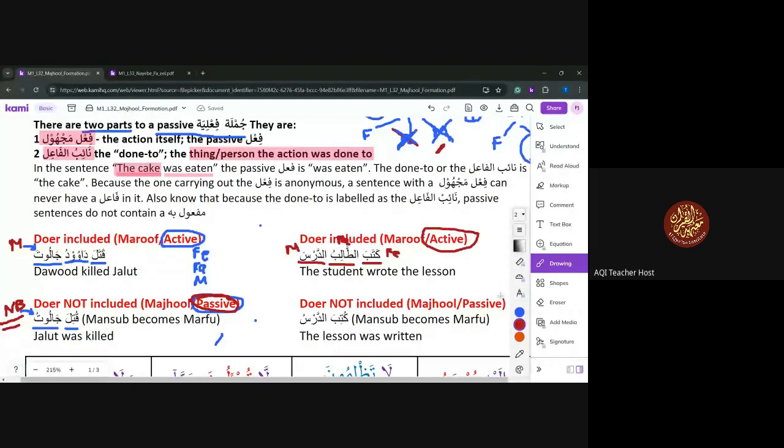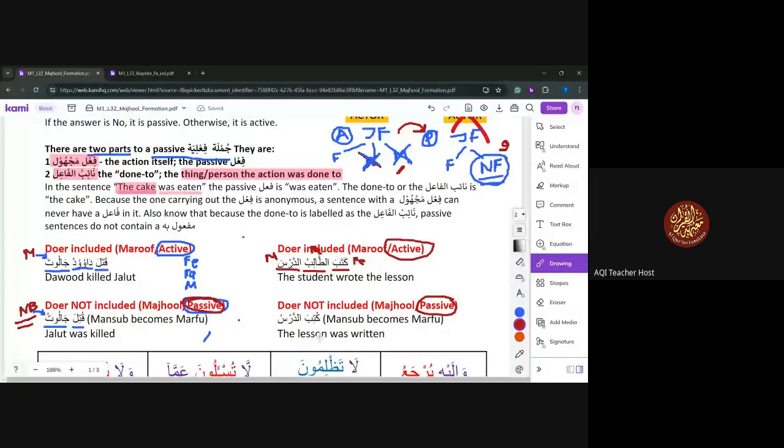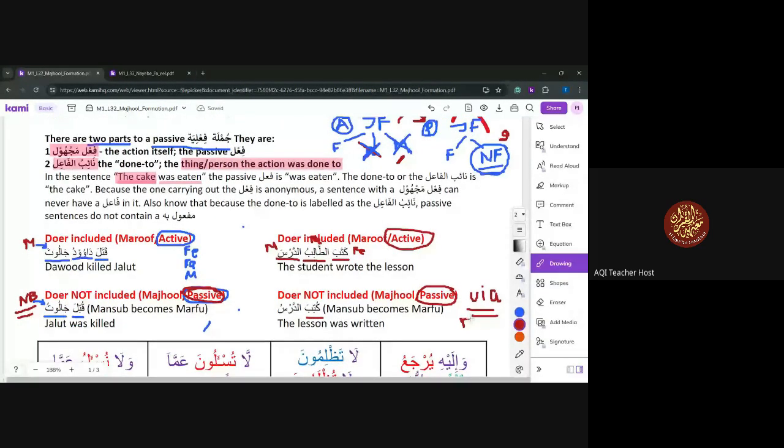Now, when we change it into its passive form, kataba becomes kutiba. It follows the u, i, a pattern again. We have no fa'il, right? The student is not present here in this passive sentence. The fa'il is missing.